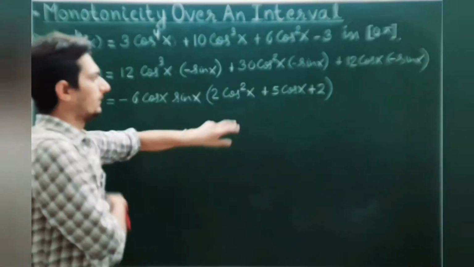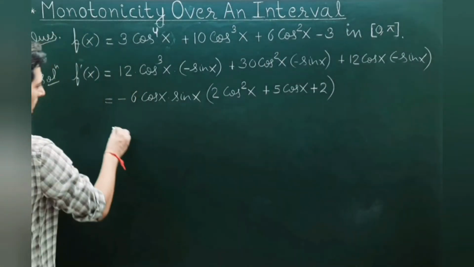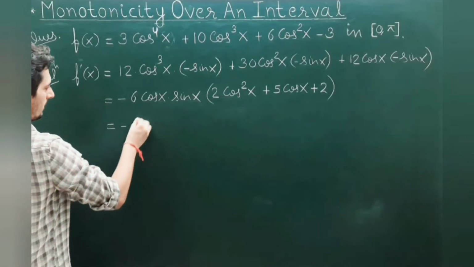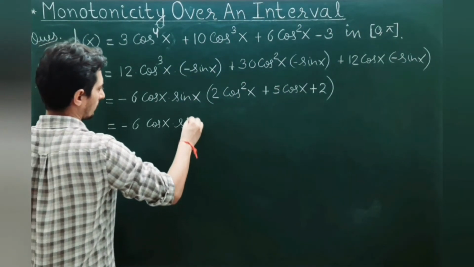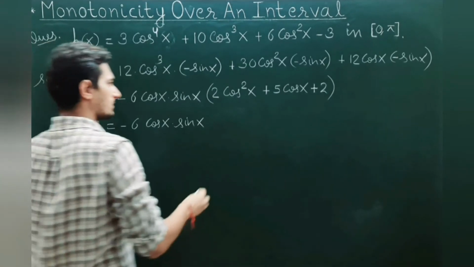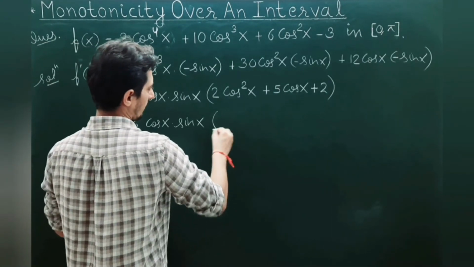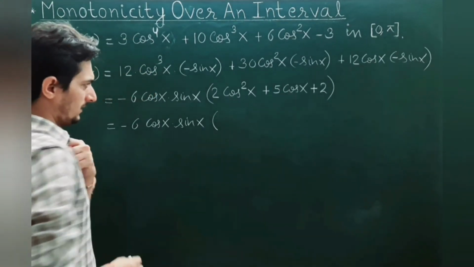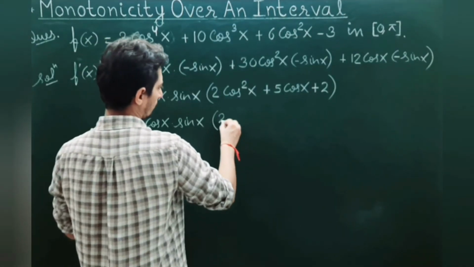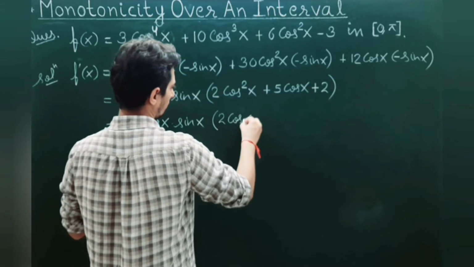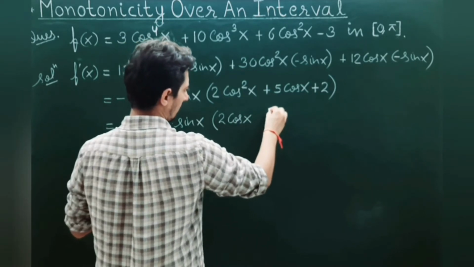Let's factorize this one. Minus 6 cos x sin x, and then its factors.